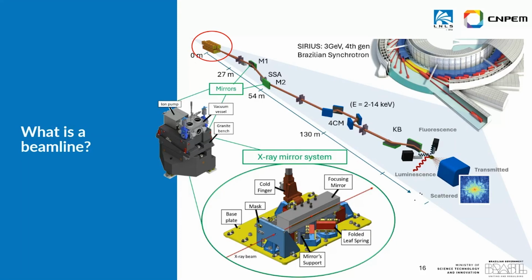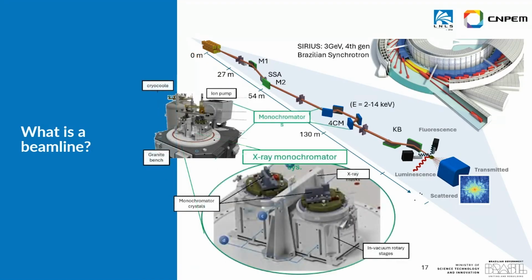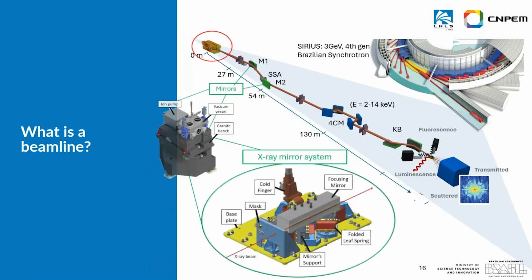It produces the light, and this light is then conditioned by many systems, like the mirrors that were in the first slide. They can focalize or reflect the beam to where it has to be.